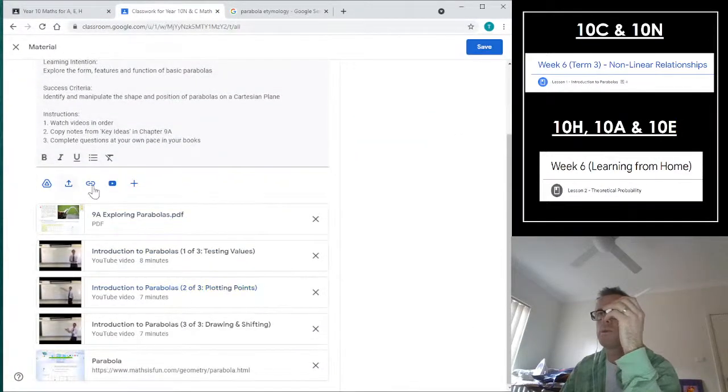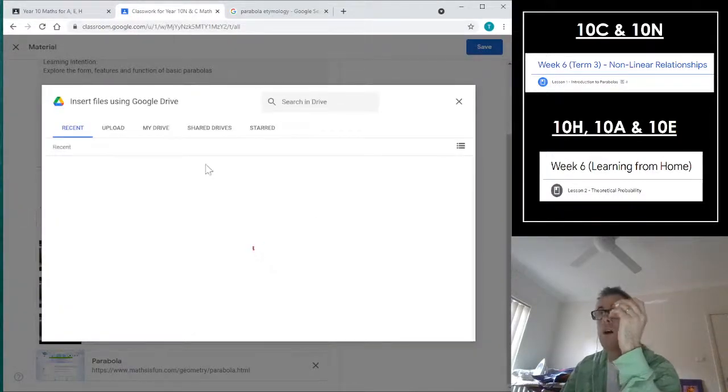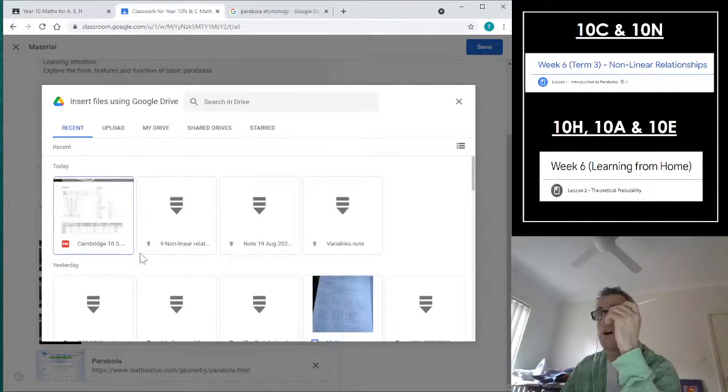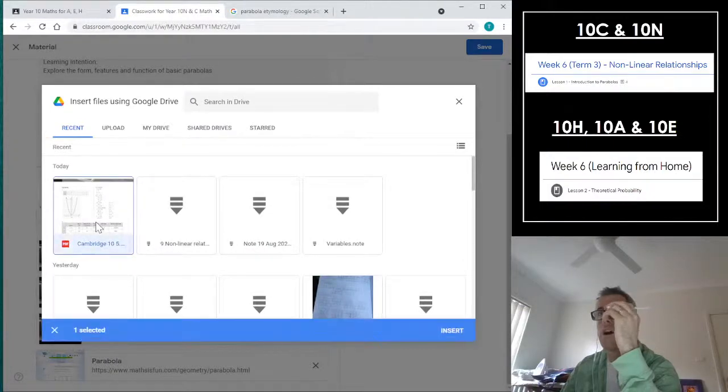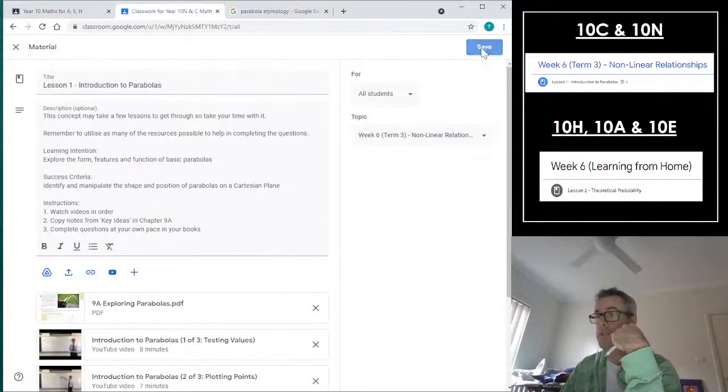We want to add Google Drive file. Insert that. All right, cool. Let's save that.